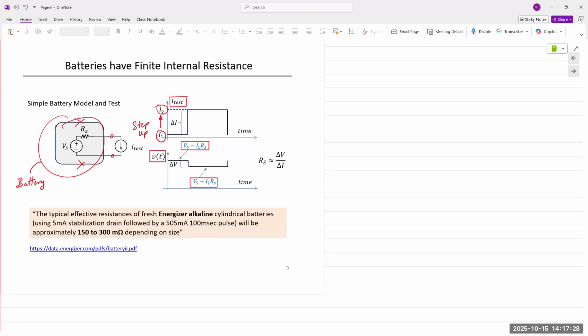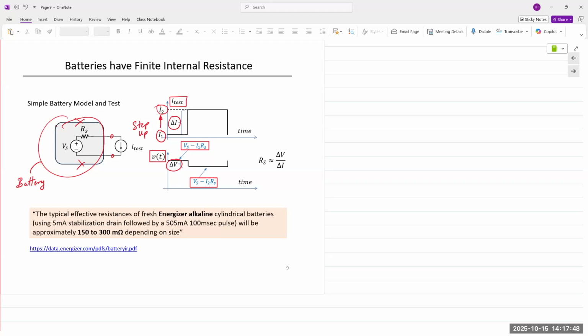Now we change the test current. When we change it, we know delta I, and then we measure the change, delta V. Delta V will change because if the current increases, the voltage drop across that resistor increases.